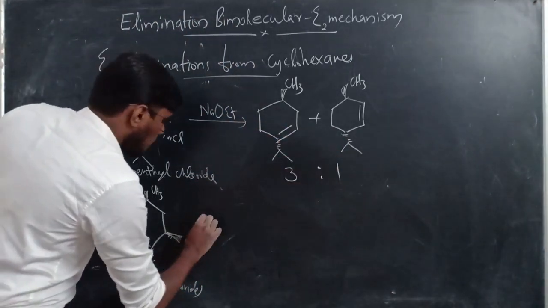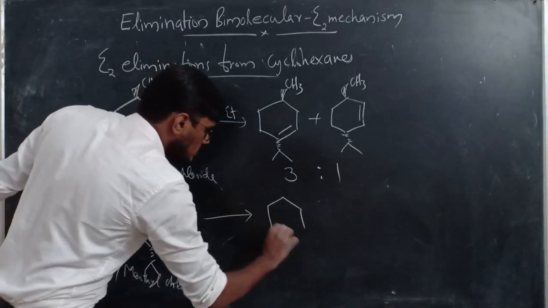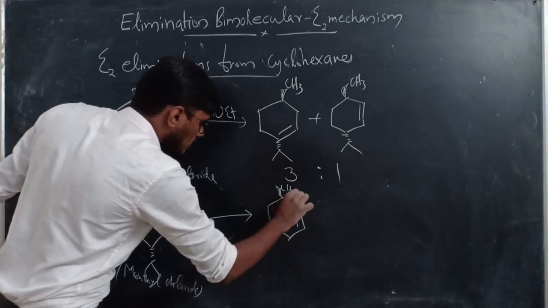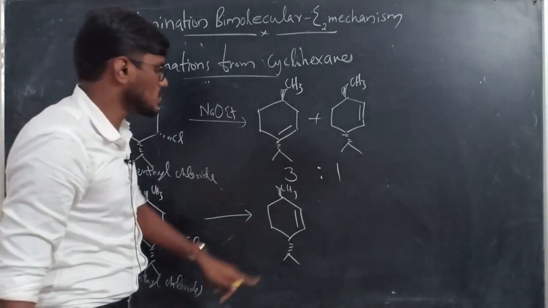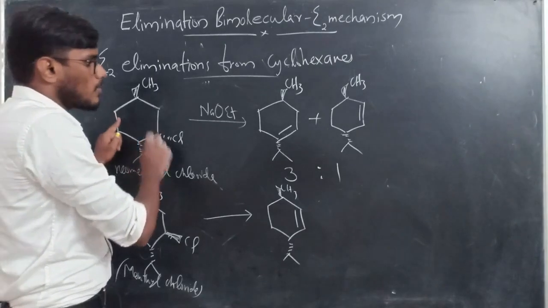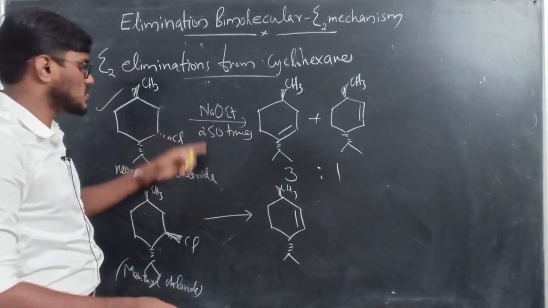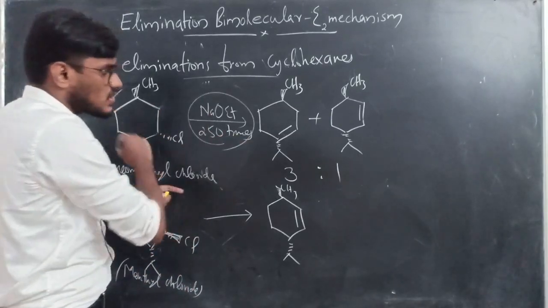When menthyl chloride undergoes E2 elimination reaction, it gives only one product. The product will be like this, CH3, and the isopropyl group. So this is the only product, and this reaction is almost 250 times slower than this one.